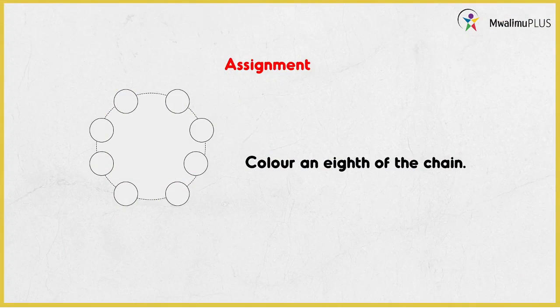Look at this. We have a chain. This chain has how many rings? Did you count? Very good. 8 rings. Now, we are told to color an eighth of the chain. So, for us to know how many rings we are going to color, first, we know already we have 8 rings, isn't it? Yes.